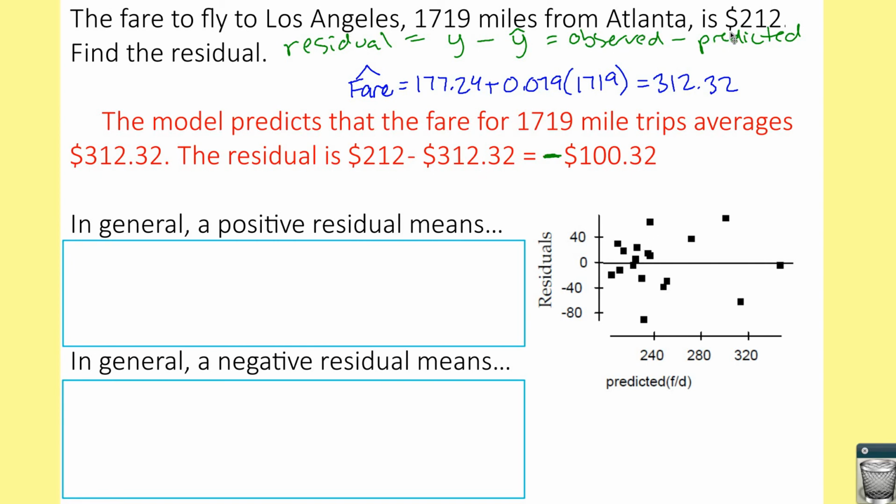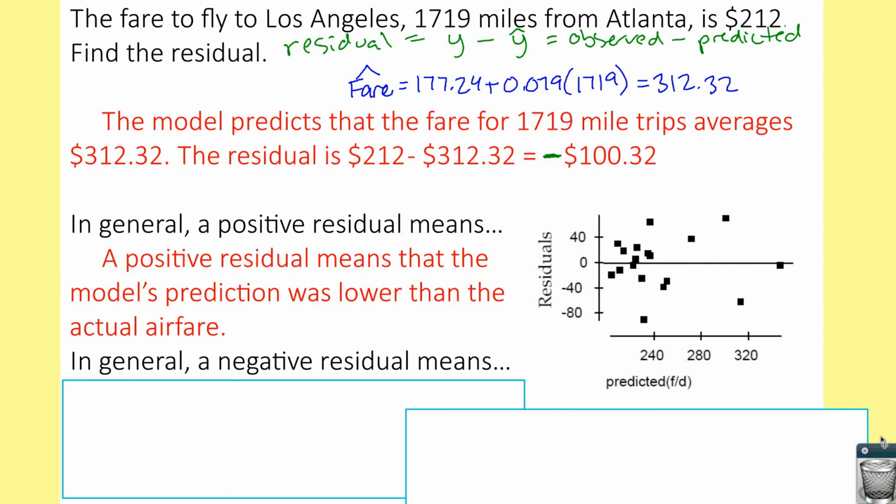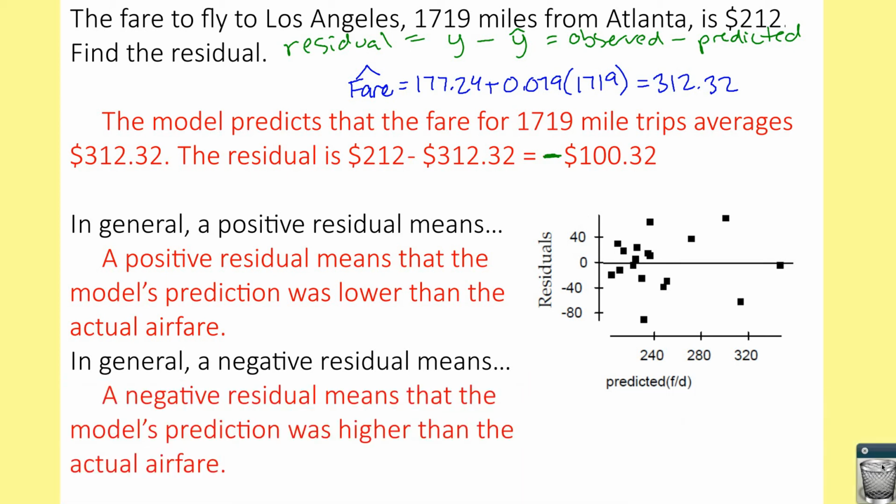My observed would be more than my predicted, so that the prediction was lower than the airfare. Okay, negative is the opposite. Sometimes people flip these up all the time. Really think about it. Look at it: it's observed minus the predicted.